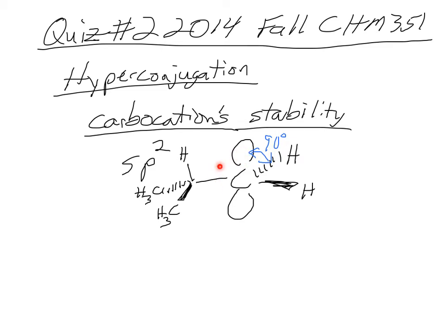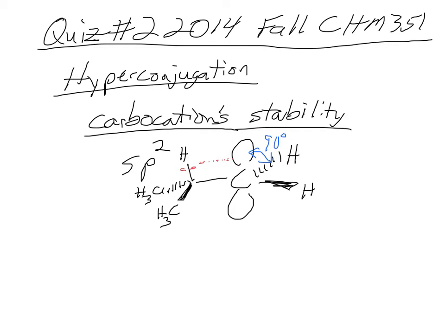We know this bond angle is 90 degrees. What's the hybridization state of this carbon right here? It's sp3, so these bond angles are 109.5. So these aren't perfectly parallel to each other. Does everybody see that? But even though they're not perfectly parallel, the electrons in this bond can help stabilize that empty p orbital. And that's what hyperconjugation is.